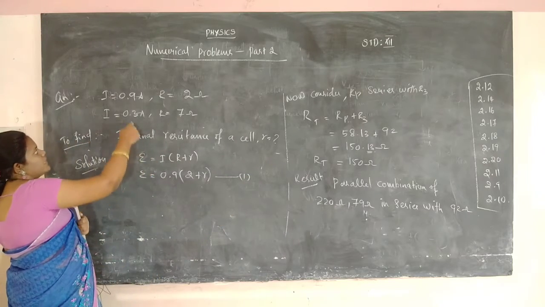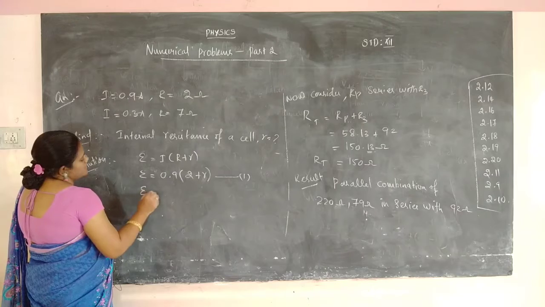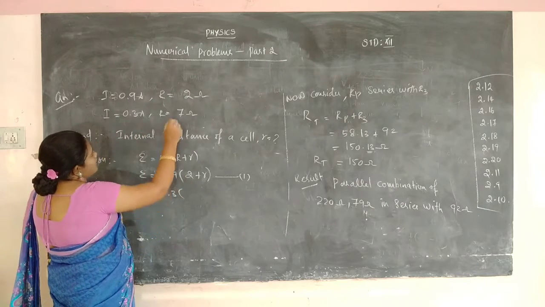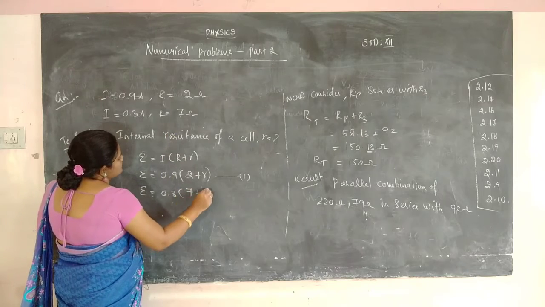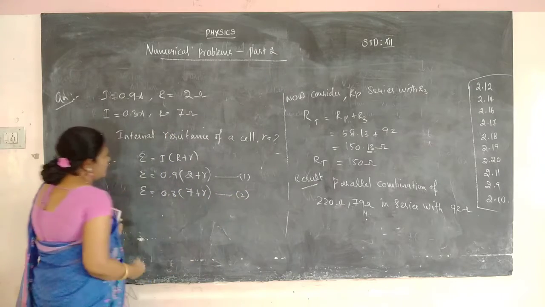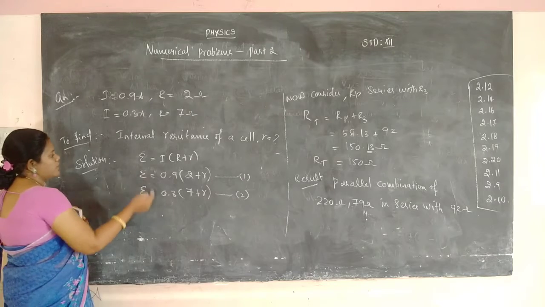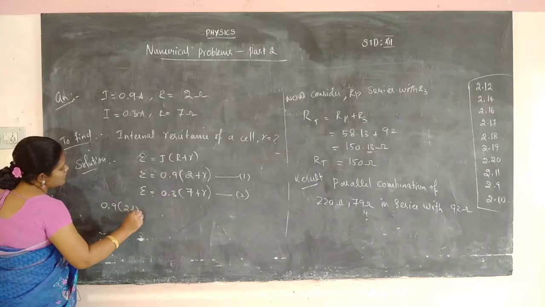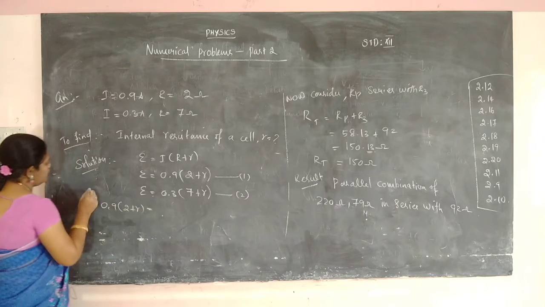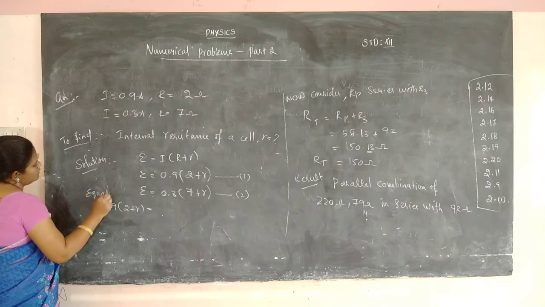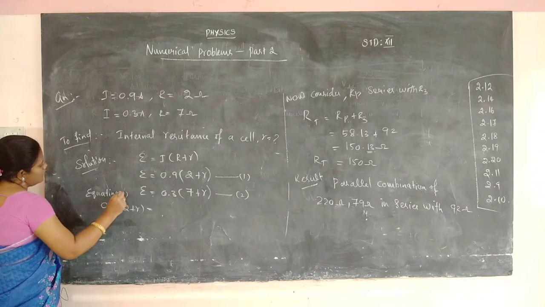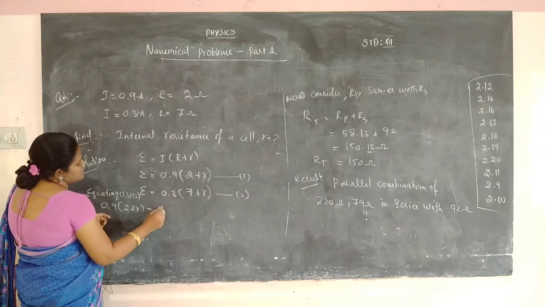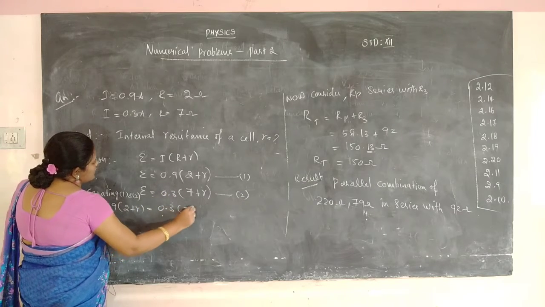Next we substitute the second I value and R value. E is equal to 0.3 into 7 plus the internal resistance r. So equating the two equations, 1 and 2, 0.9 into 2 plus r is equal to 0.3 into 7 plus r.